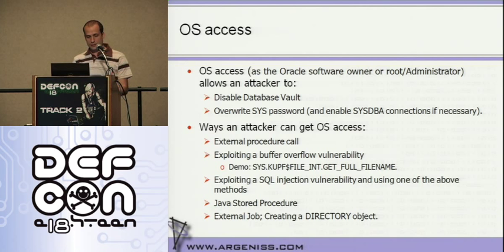Well, let's see some ways to get operating system access through the database. This operating system access, as the Oracle software owner or as root or administrator user in Windows, allows an attacker to disable Database Vault, and additionally to overwrite the sys password and enable the TCP connections if they are disabled.